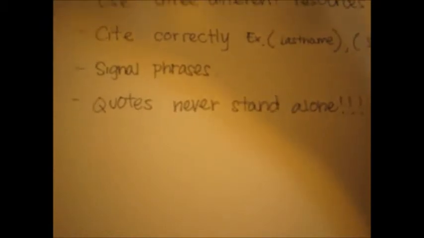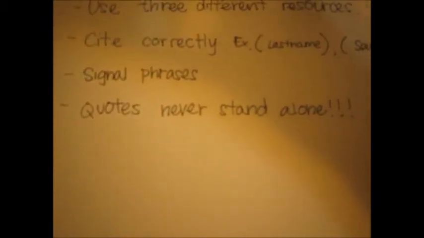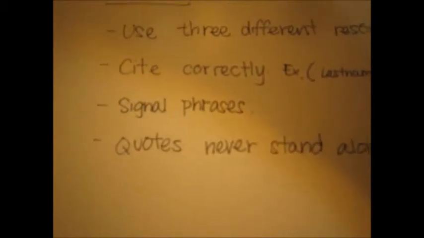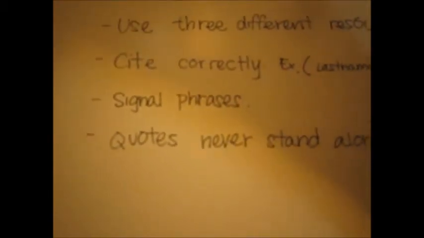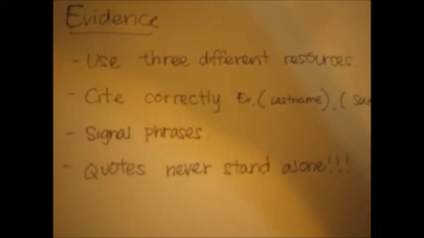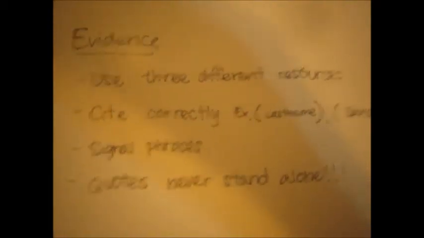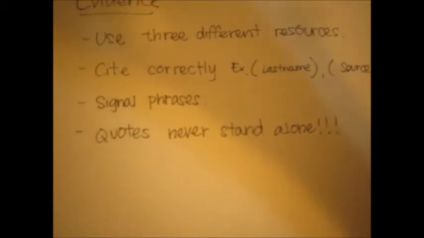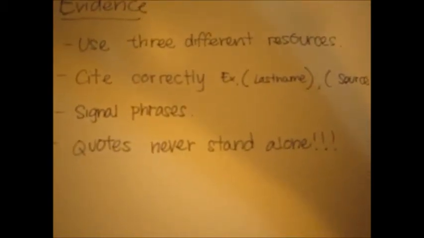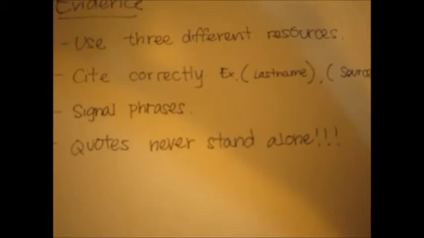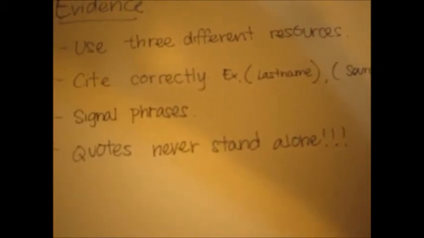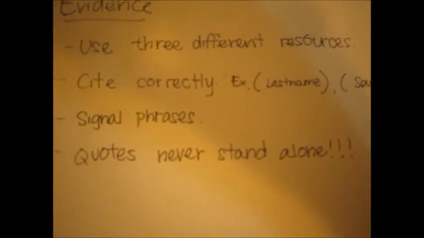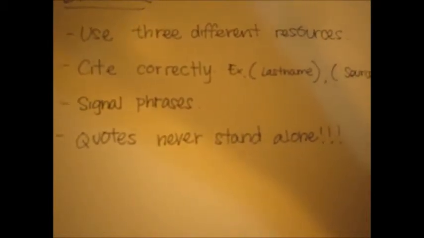And these quotations can never stand alone in a sentence, and that is why you need to use signal phrases. What I mean by that is that you need to write your sentence in a structure. For example, in this article titled blah blah blah, Mr. Whatever claimed that, and then you will use quotation marks and you will introduce your evidence.